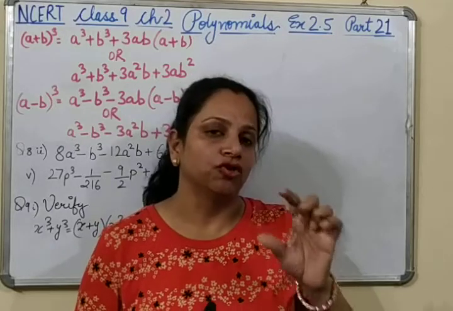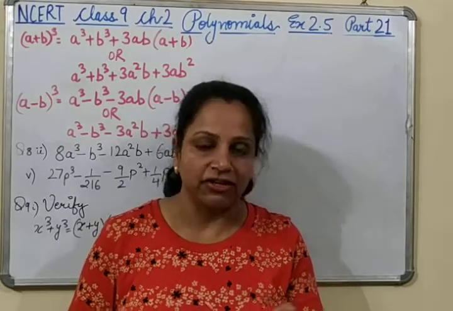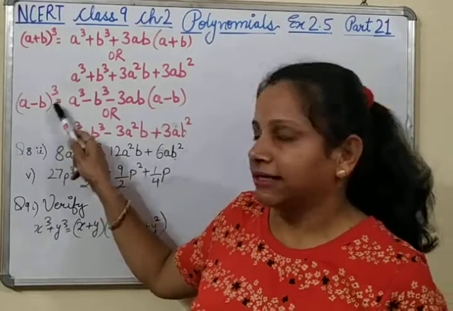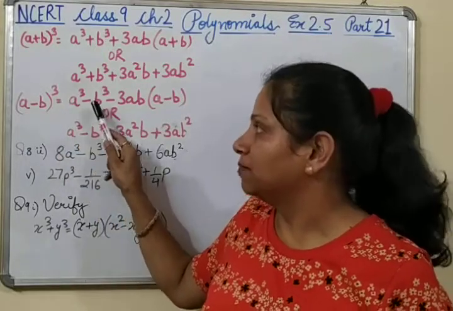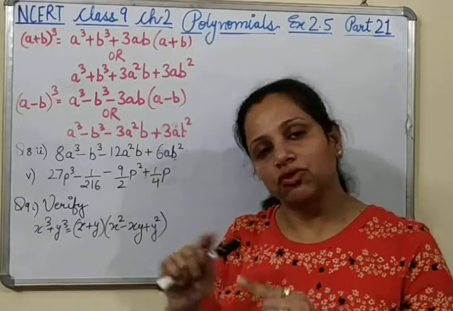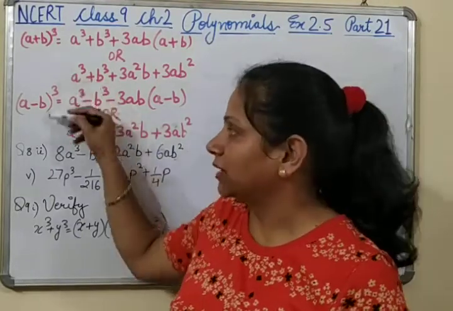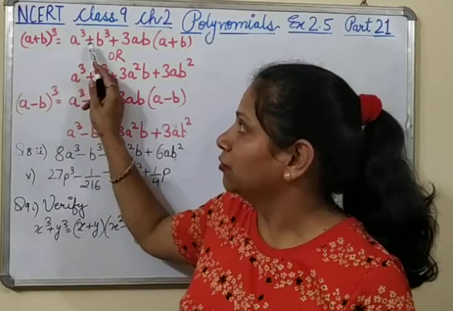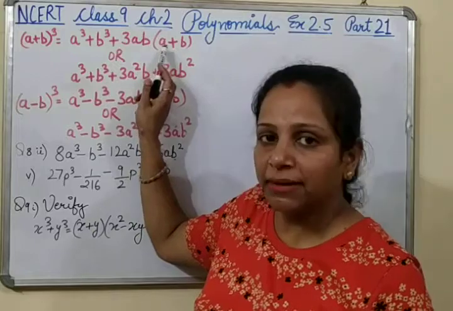That means in the cubic identity of a plus b, we have all the plus signs together. Similarly, in a minus b whole cube, we have a cube minus b cube minus 3ab into a minus b. That means all the negative signs are there. This way you can learn it easily. How a plus b whole cube is a cube plus b cube plus 3ab into a plus b.